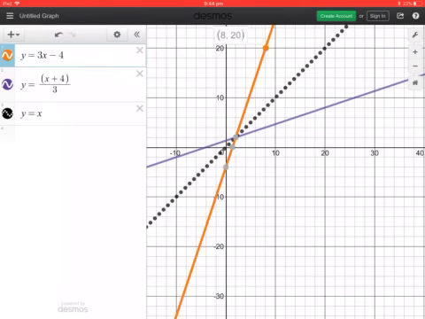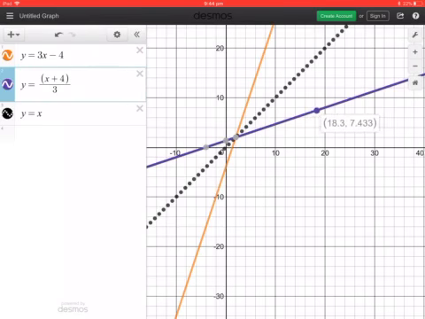Now, if I have 8, 20, I can say with absolute confidence that 20, 8 sits on the purple line. Let's find out. Here we come across here. 20, 8 sits on that.